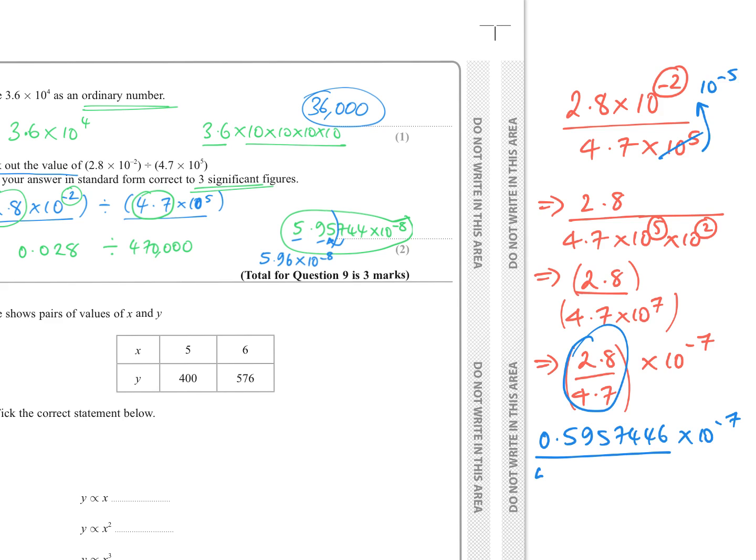So that's 5.957446 and so on times 10 to the minus 1. And the rules of indices would give us exactly the same. So if we cut it off here, we'd have 5.96 times 10 to the minus 8 to 3SF, and I probably should have said that here as well.